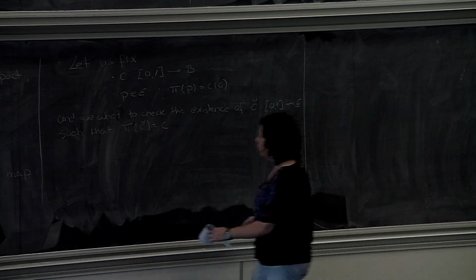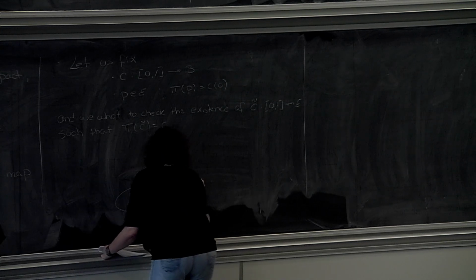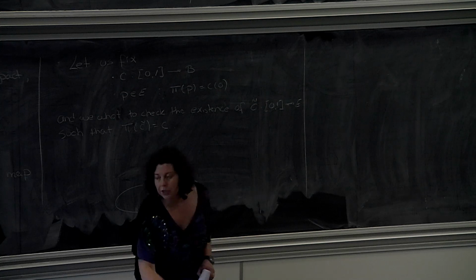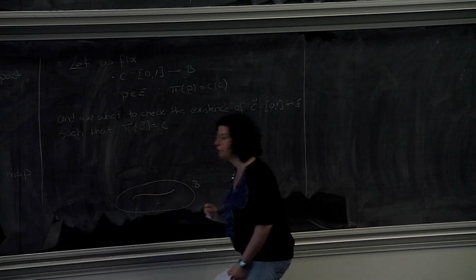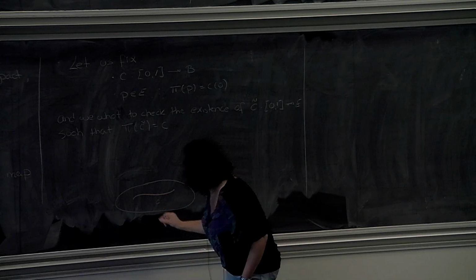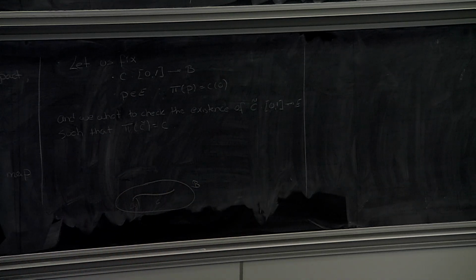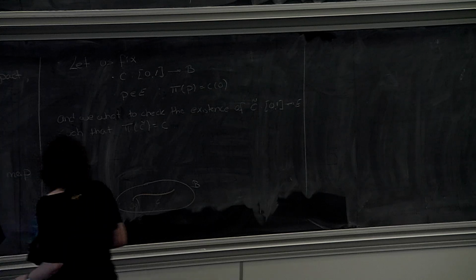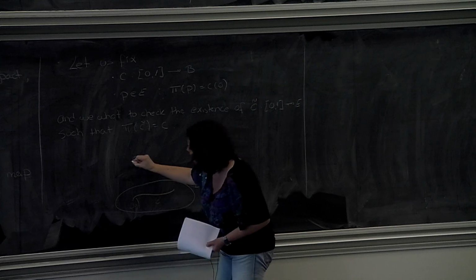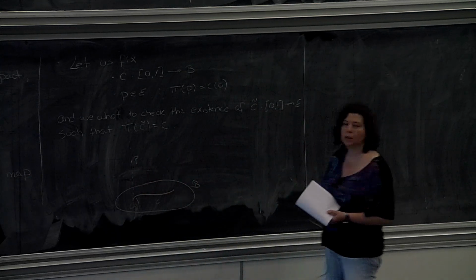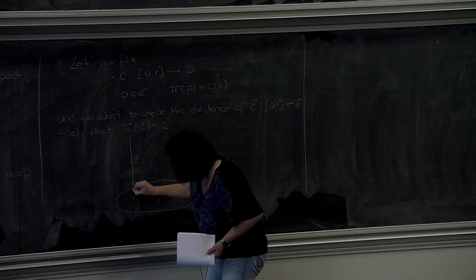Okay, so I have here my basis B. I have here my path C. I have here my point C0. And I fix my point P here on E, that projects here on C0. So I have my fiber.